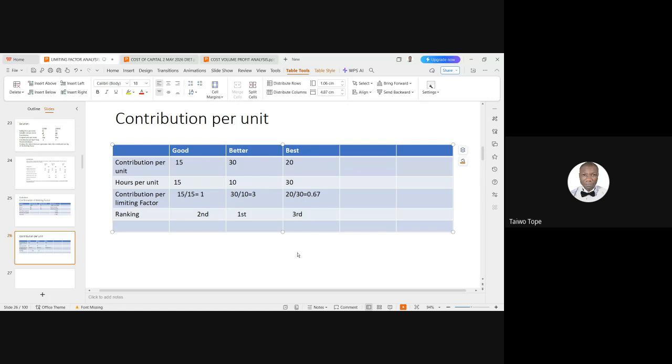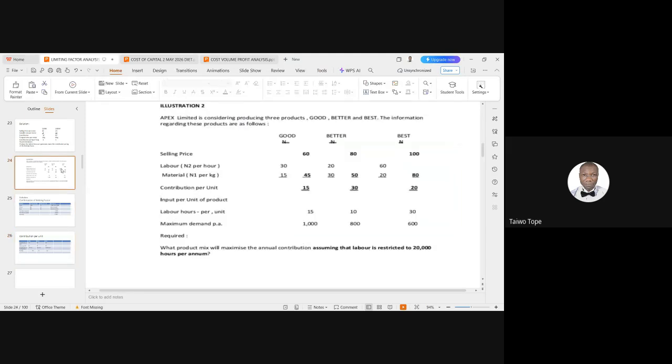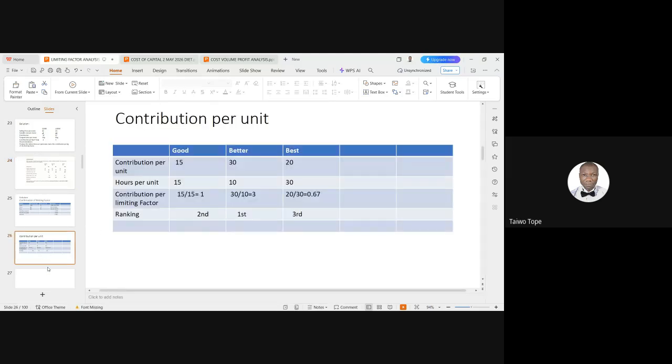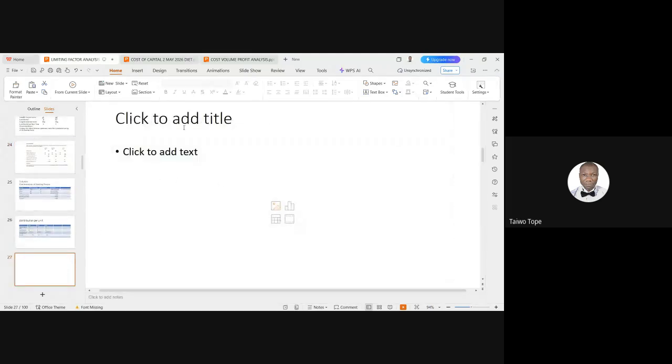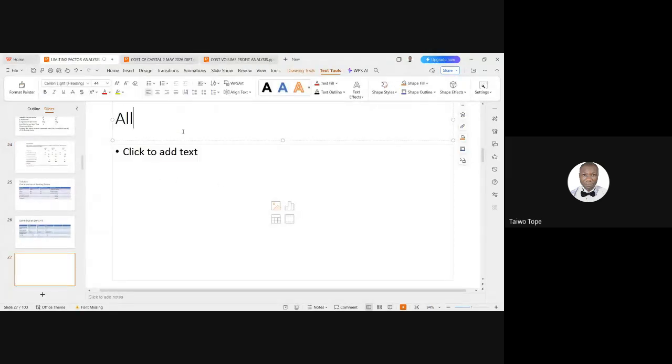So now, how are you going to allocate the limited resources? The total you have is 20,000 hours per annum. How will the allocation be? Allocation of 20,000 labor hours.